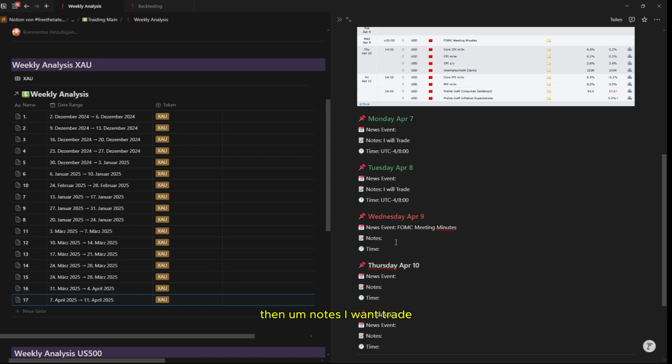Then notes: I won't trade since there will be high impact news. Then time: I don't trade, so I don't need to write down the time.